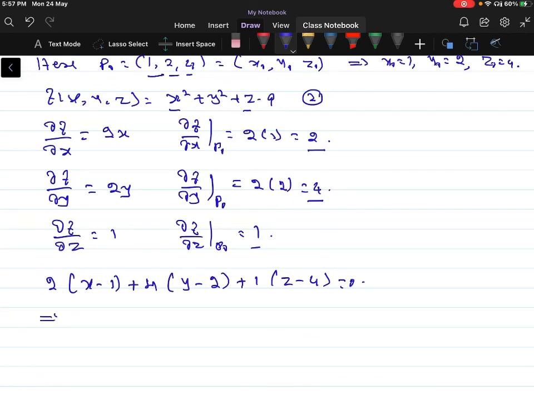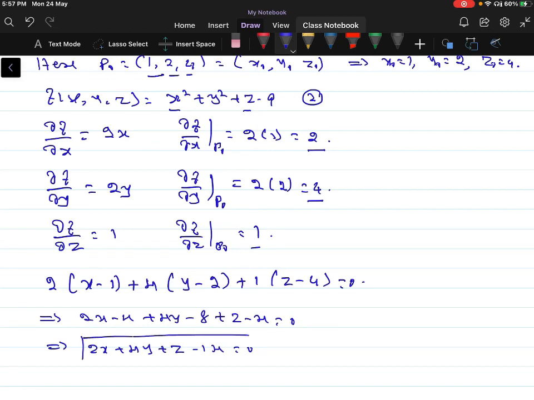This implies 2x minus 2 plus 4y minus 8 plus z minus 4 is equal to 0. So this implies 2x plus 4y plus z minus 14 is equal to 0. This is the equation of tangent plane.